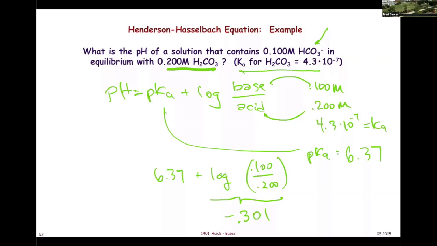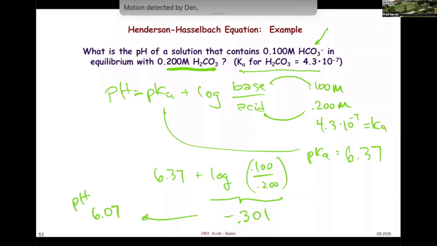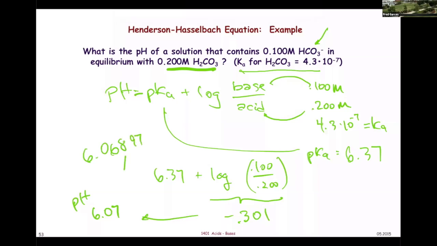And if we add that to 6.37, what we get is a pH value of 6.07. It says 6.06897, but we're just rounding it off to 2 digits after the decimal because we're using two significant figures right here.